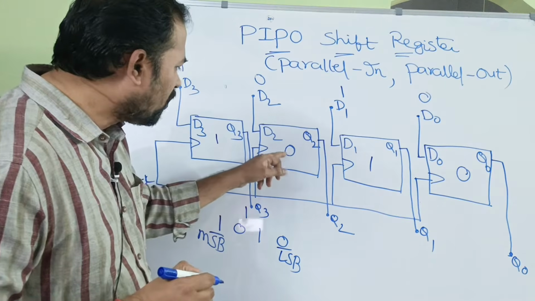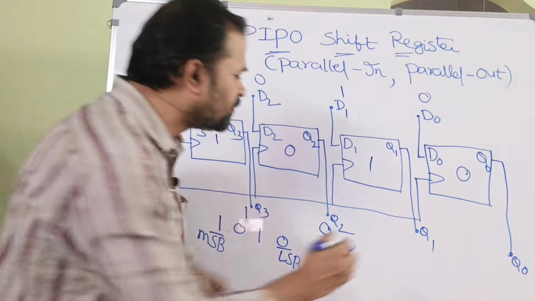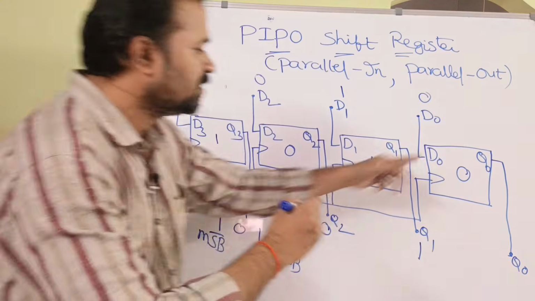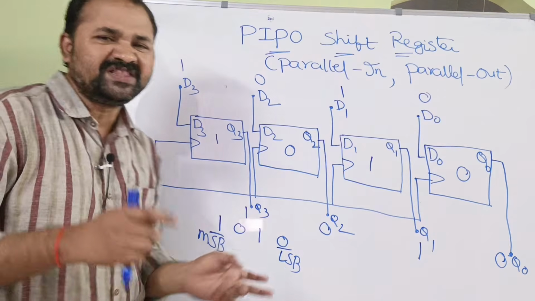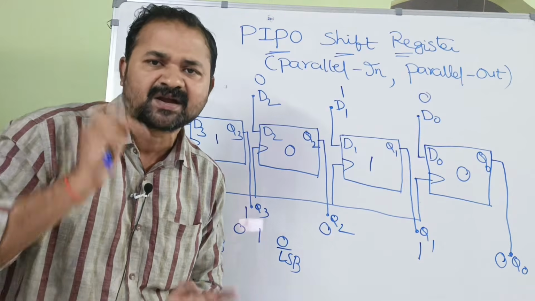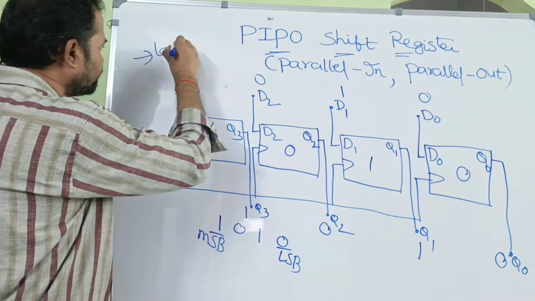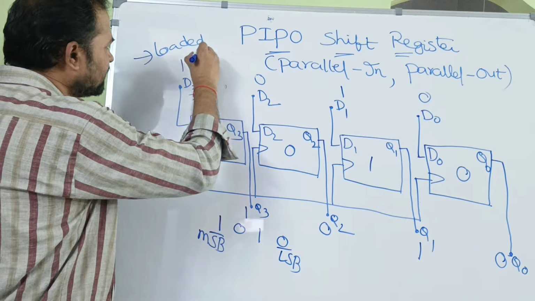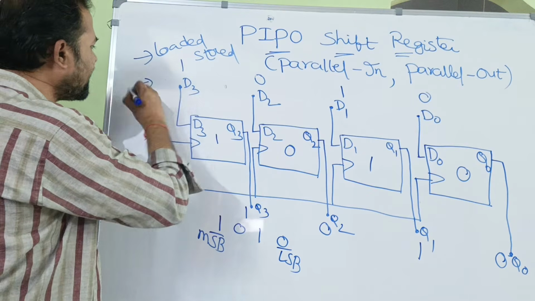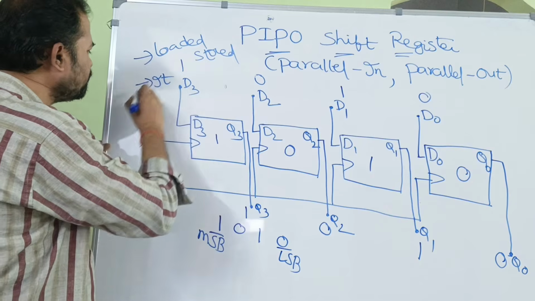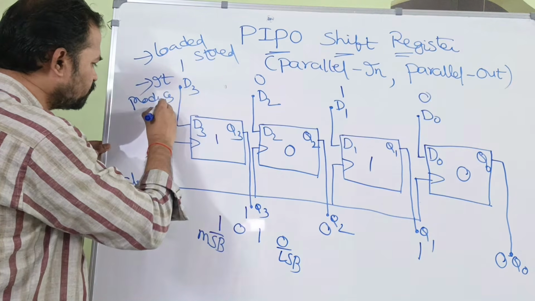What is the output of this flip-flop? 0. Output of this flip-flop is 1. Output of this flip-flop is 0. So with the help of only one clock pulse, data will be loaded. That means data will be stored in the register, as well as it also produces the output.